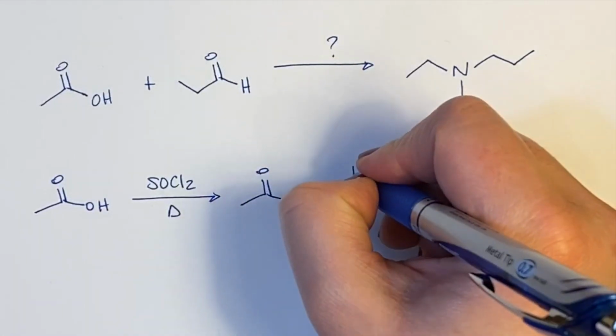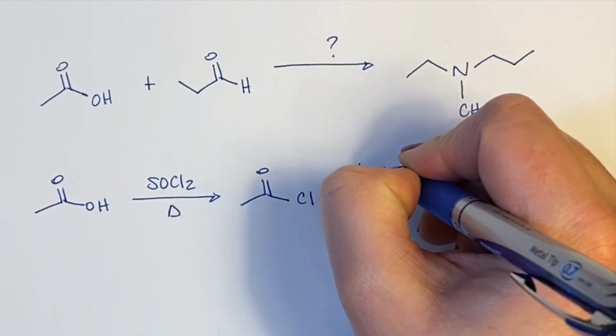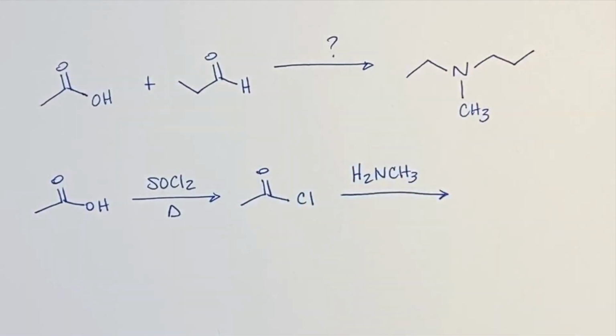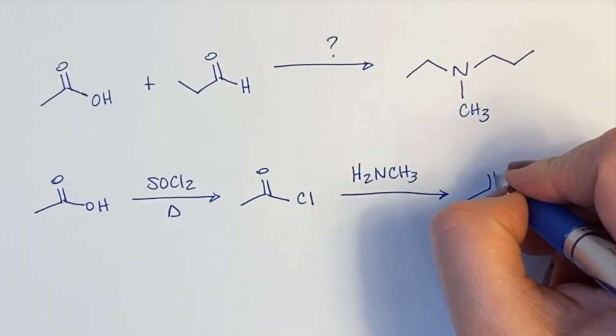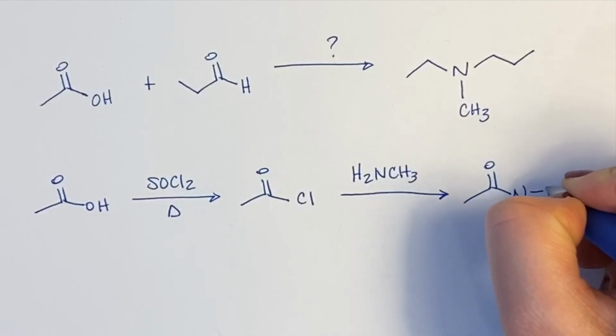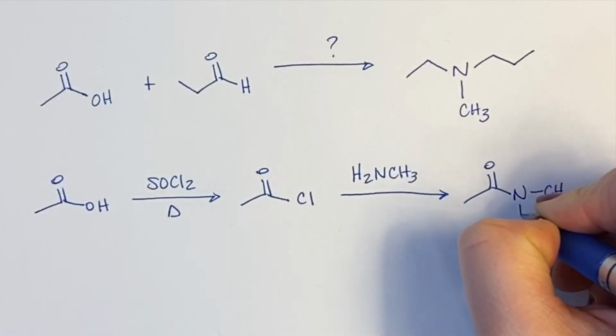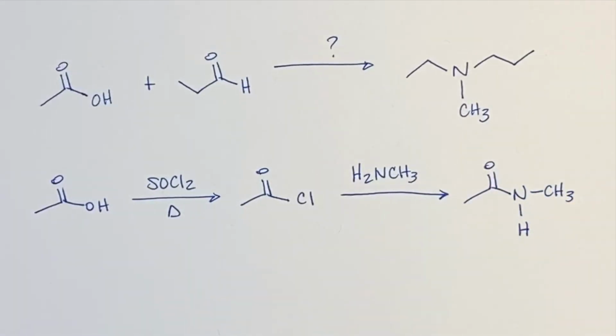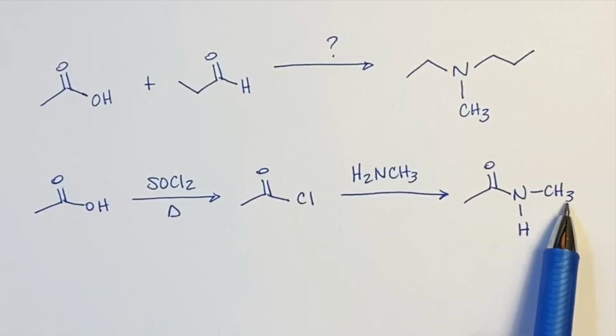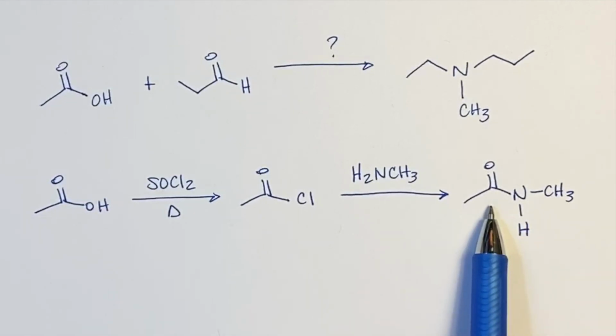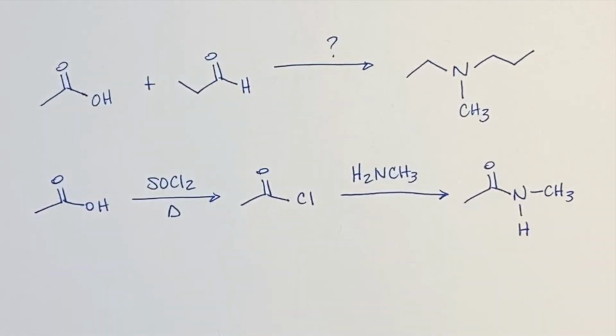So I could bring in a 1-carbon amine, like this one, and I could make an amide out of that reaction. That gives me a secondary amide where my nitrogen has 2 carbon-containing groups bonded to it. One is a methyl, the other is a 2-carbon group that's currently part of my amide functional group.